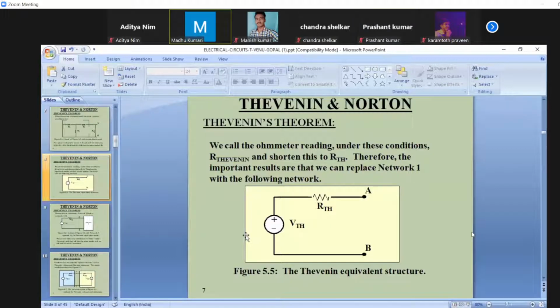That source is V Thevenin and the resistance is R Thevenin.